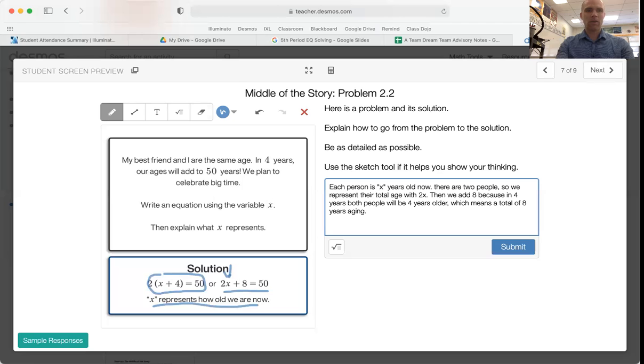And then we're adding those things up and saying they equal 50 because the sum of their new ages, after they've grown 4 years, will be 50. I think that's a pretty good explanation of how you could go from this word problem to the second equation, the one that's underlined.